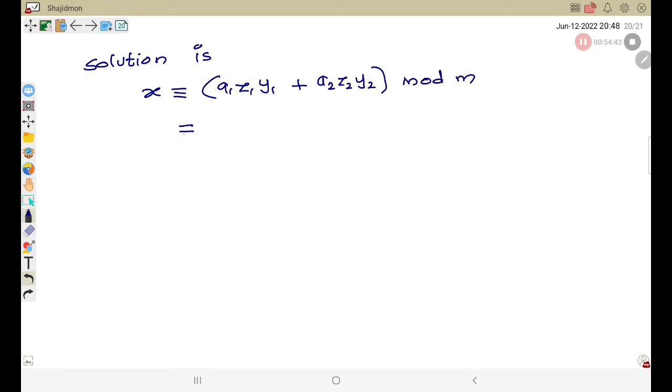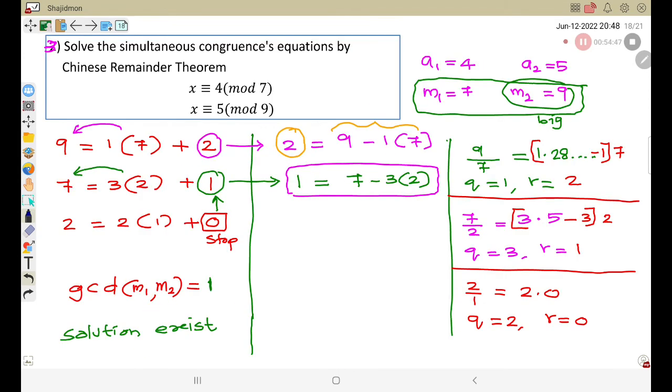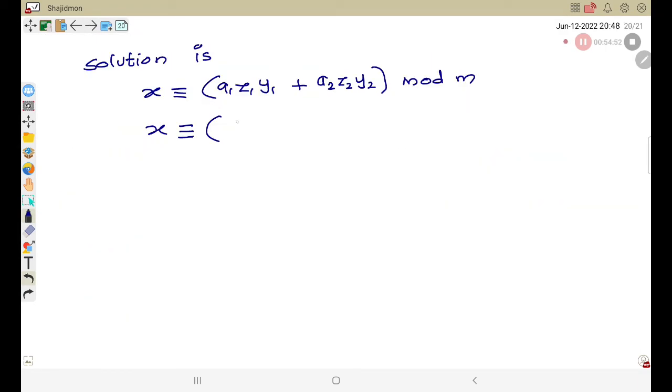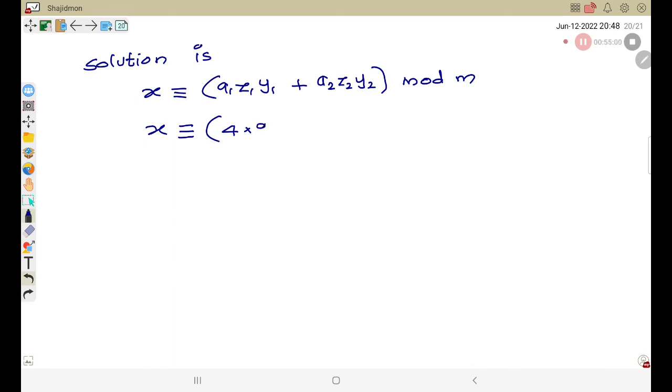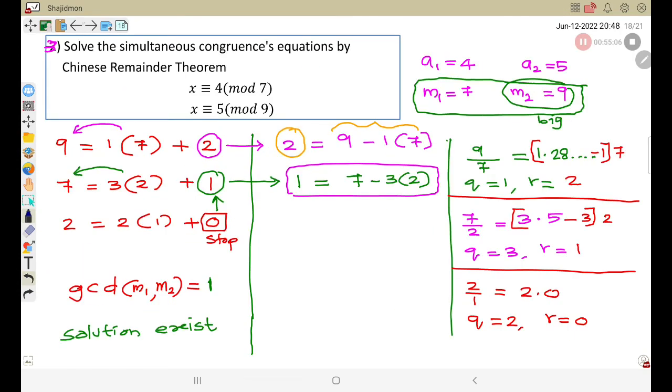That means x congruent to A1. You can check what is A1. A1 is 4. So 4 multiply Z1 means 9, Y1 means 4. So 9 multiply 4. Plus A2 means 5. Remember in the beginning A2 equal to 5 here.